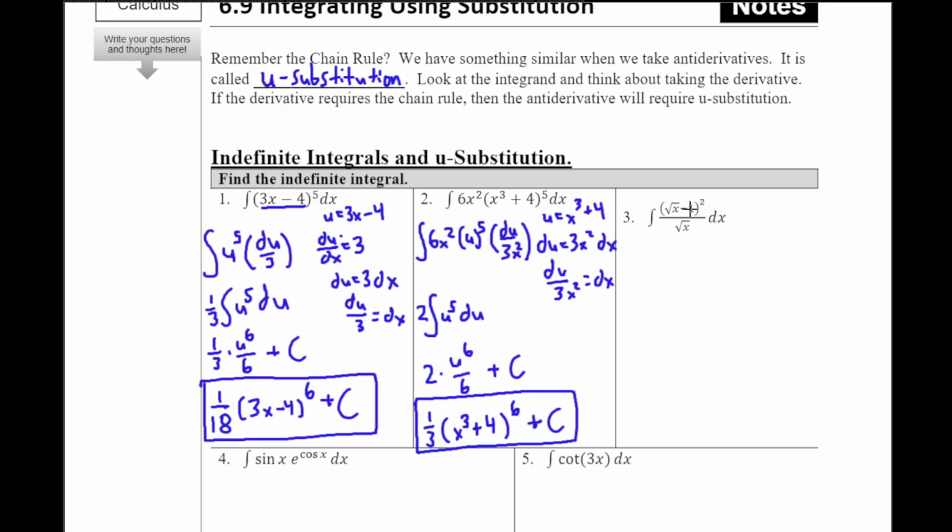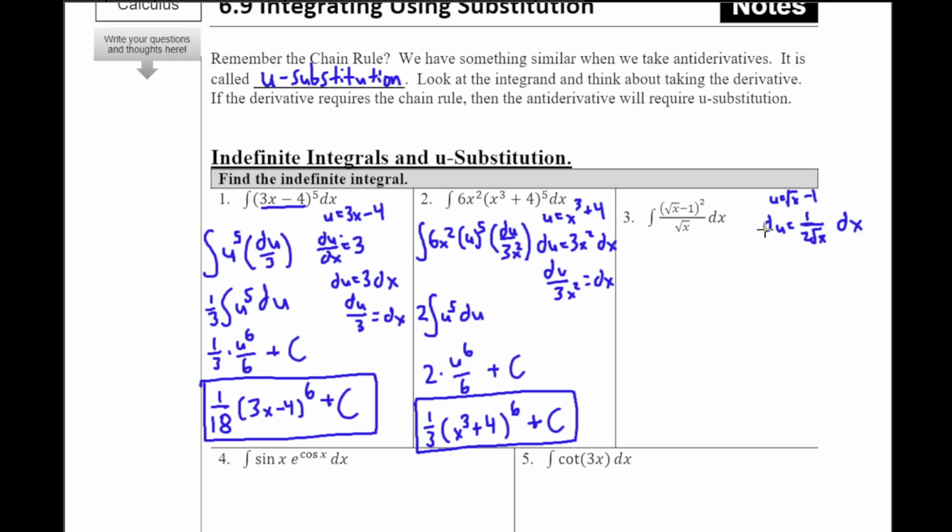This next one here, (square root of x minus 1) squared over square root of x. This looks really nasty here, but if you use u-sub, you'll see things cancel out. So if you let u equal root x minus 1, like the top part here of the exponent, du is equal to 1 over 2 root x dx.